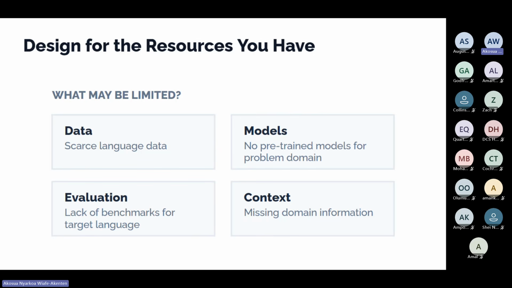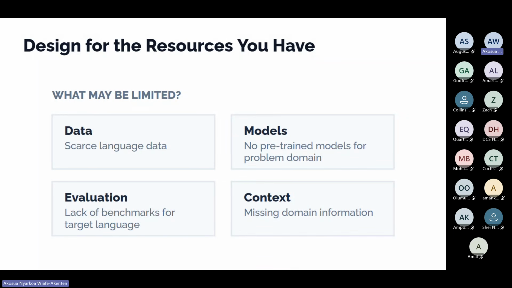Because many language technologies depend heavily on data, if for example you want to train or fine-tune a model, you may need to be able to scout for some amount of information. It depends on your task anyway. As I've already explained, the language data for the domain we are working with in this hackathon is low resource, it is scarce.